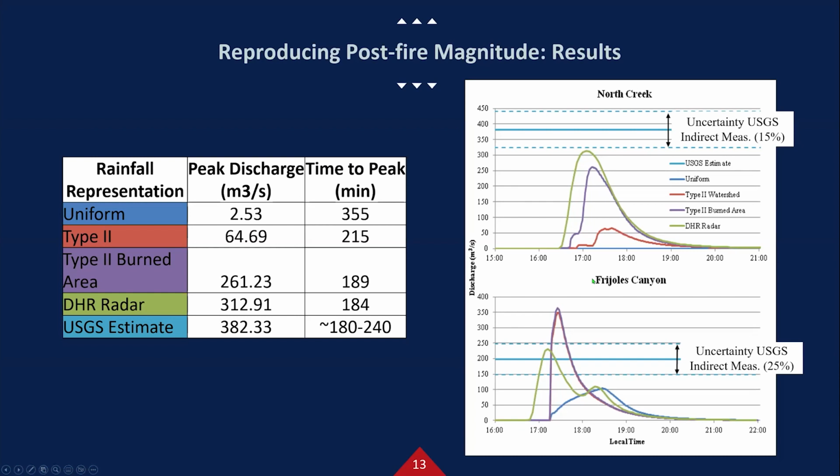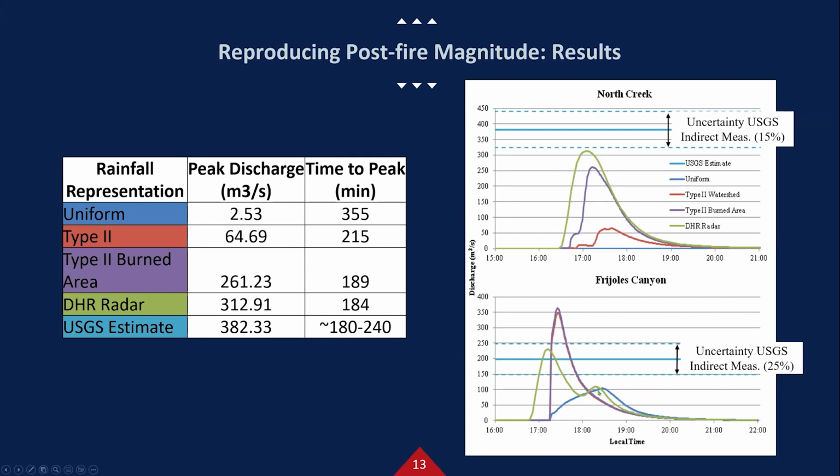So when we go to Frijoles Canyon, we have a slightly more uncertain USGS indirect measurement, 25%. And we can see that the radar estimate falls right in that band. And there's little difference between type 2 on the burned area only versus on the watershed, and that's frankly because most of the watershed burned.